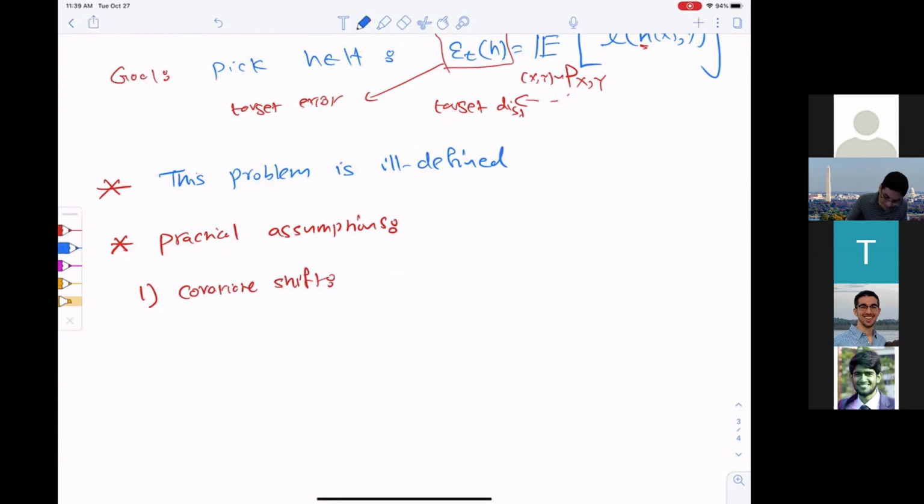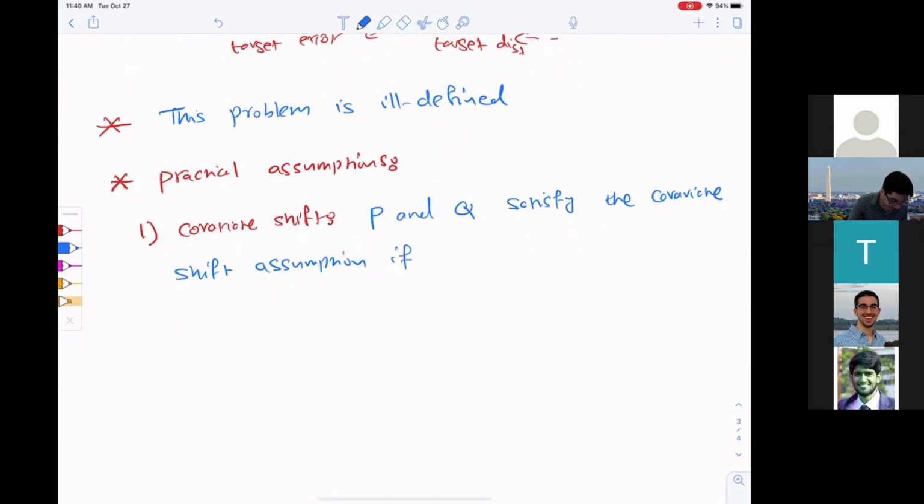So we say two distributions, P and Q, satisfy the covariate shift assumption if the conditional label distribution doesn't change between source and target distributions.